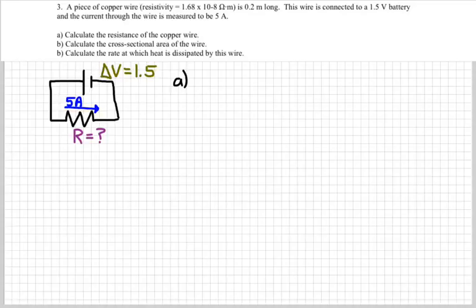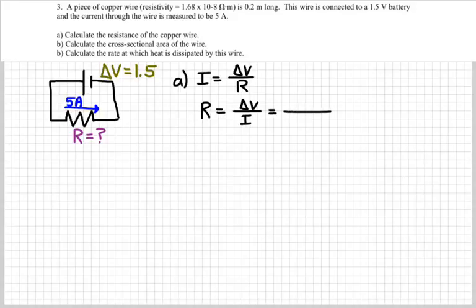So again, I can use Ohm's law to do this, as in I equals delta V over R. And so solving again for R, we would end up with delta V over I. And so substituting in what we're given, we know that the voltage is 1.5 volts.